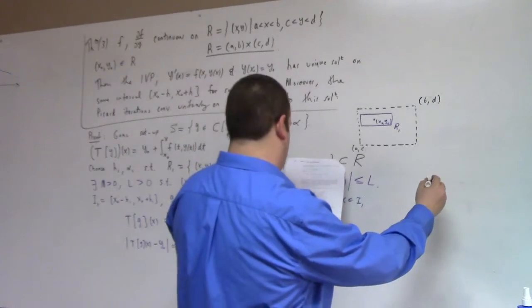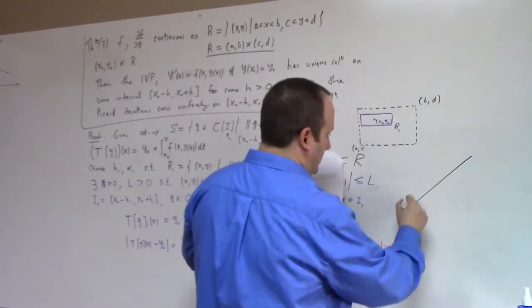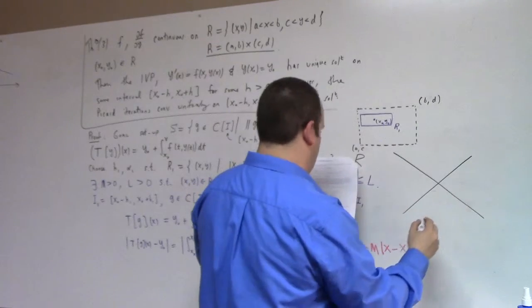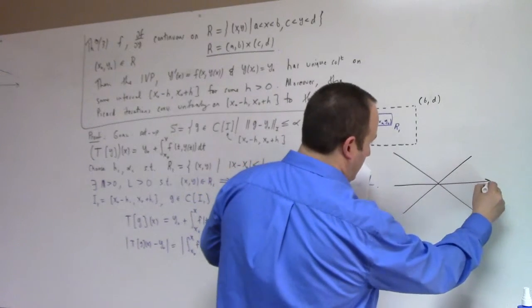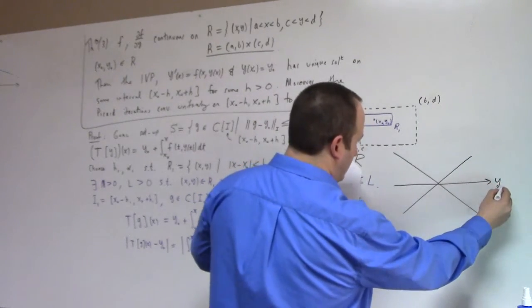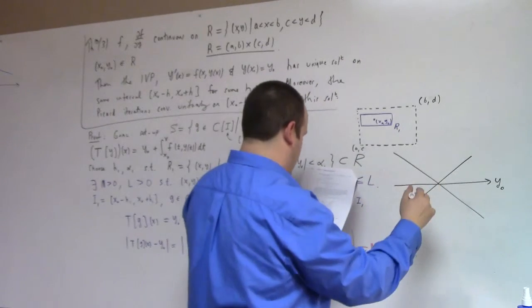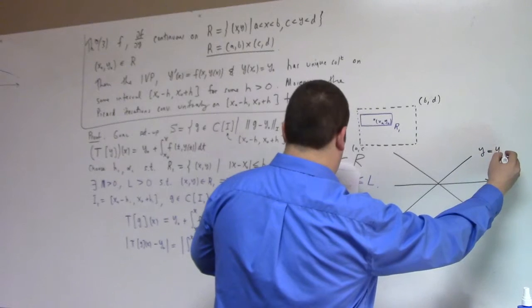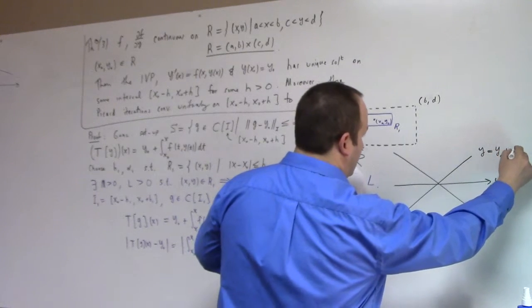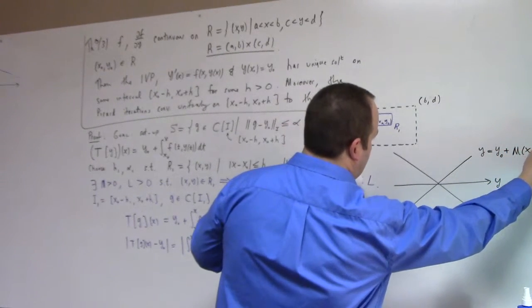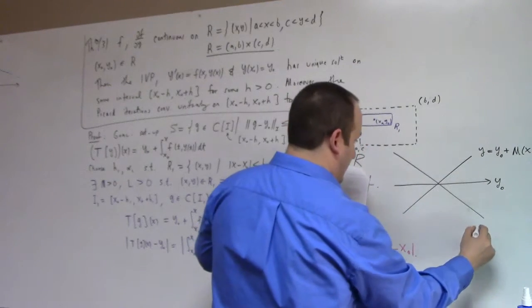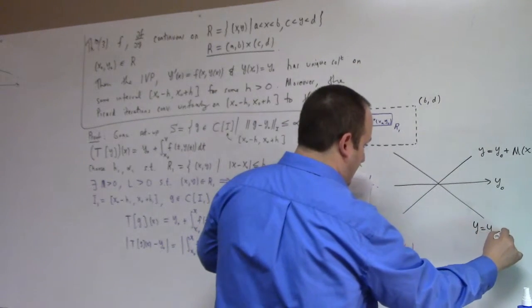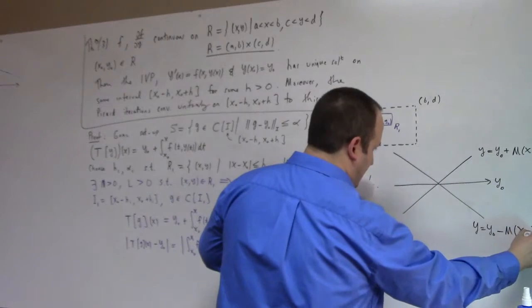Got these lines, and through the middle we've got y naught. The top one is y equals y naught plus m times x minus x naught. And down here we've got y equals y naught minus m times x minus x naught.